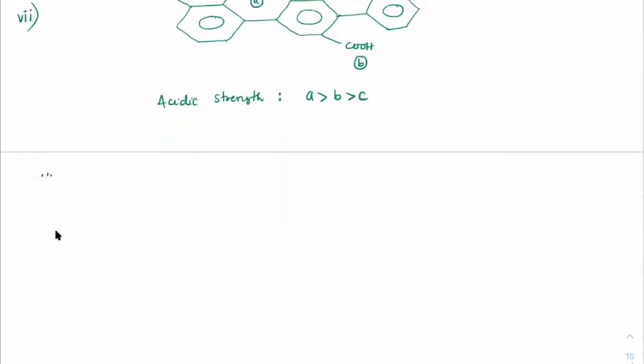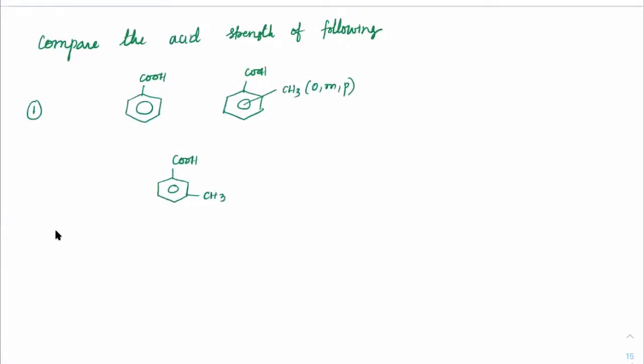From here we have to start comparing with all different groups. Put them on meta and para, because all you need to do is the meta and para comparison only. Rest all, you know, ortho will be the highest. At para, we will have hyperconjugation as well as plus M effect and plus I effect.